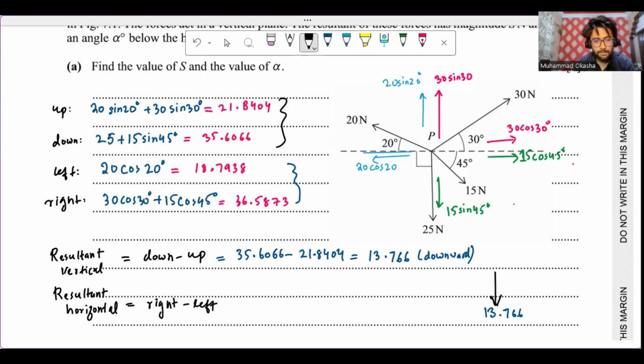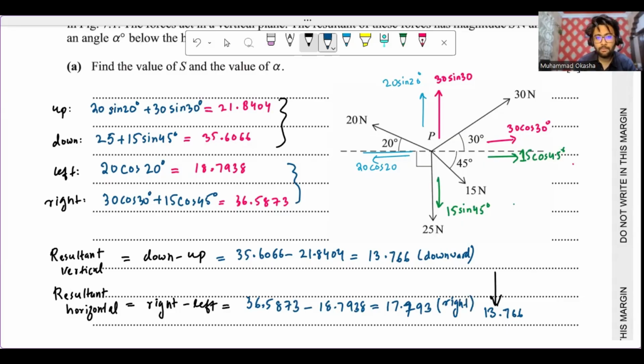Right is 36.5873 minus forces on the left is 18.7938. If I do the math, I'm going to get a resultant of 17.793, and the resultant is to the right.